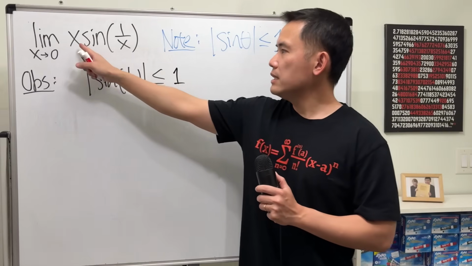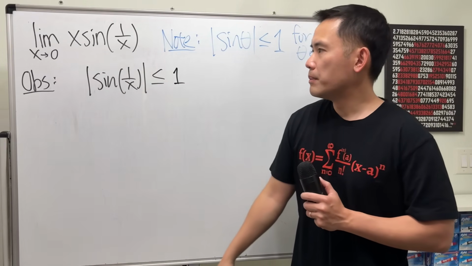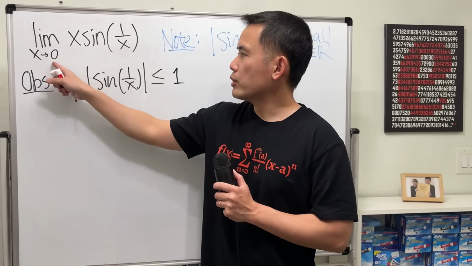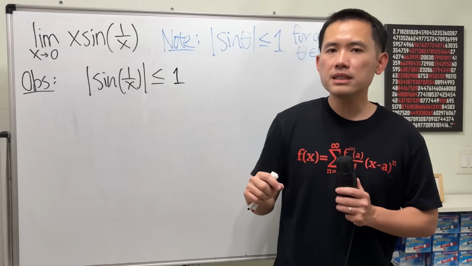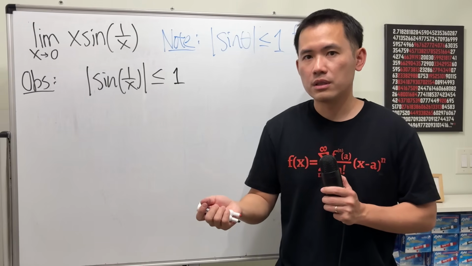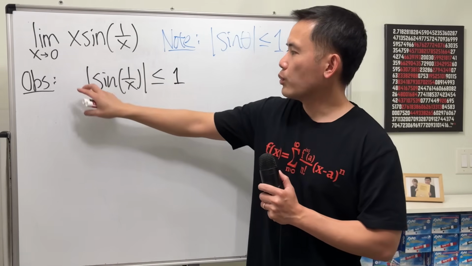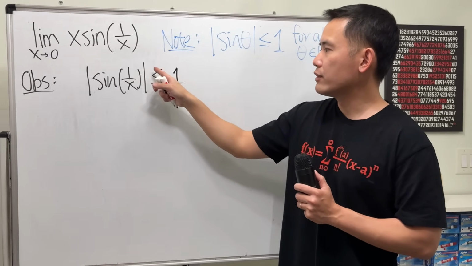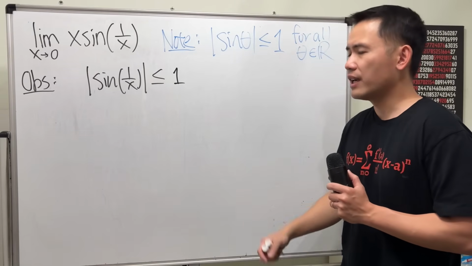Now, we are missing the x. Well, I can multiply both sides by x, but remember x is approaching 0, so technically we have to check both directions, the positive direction and also the negative direction. If x is approaching 0 from the negative direction, then when we multiply both sides by x, we will have to flip the inequality. So we technically have to break down two cases.